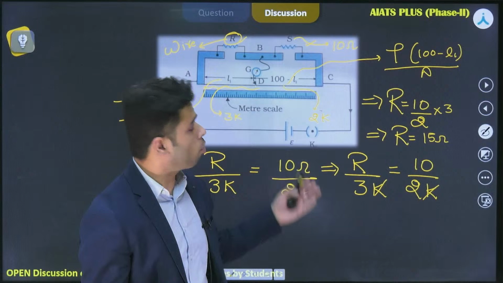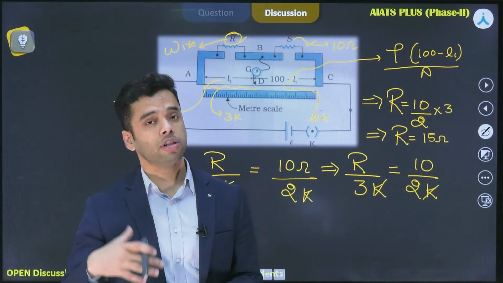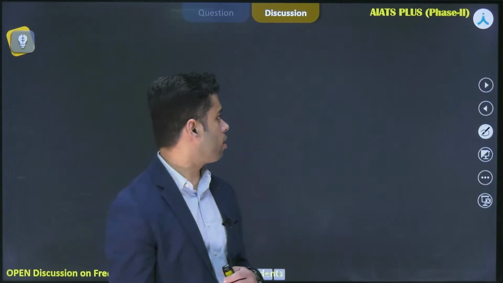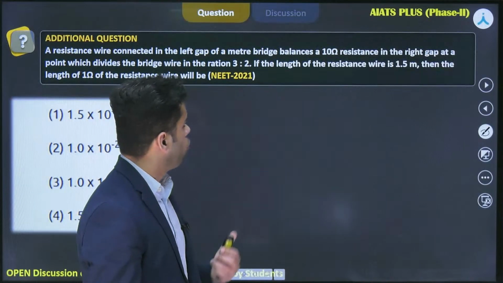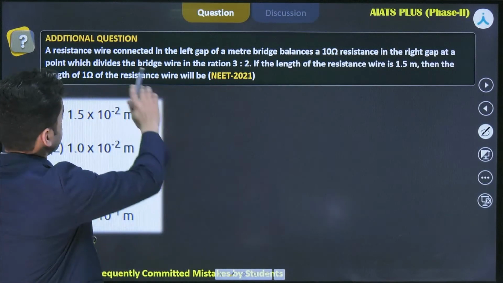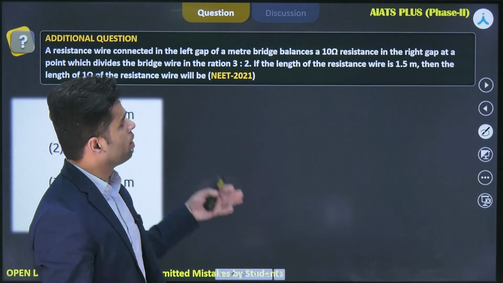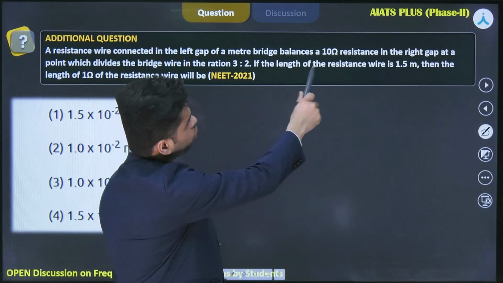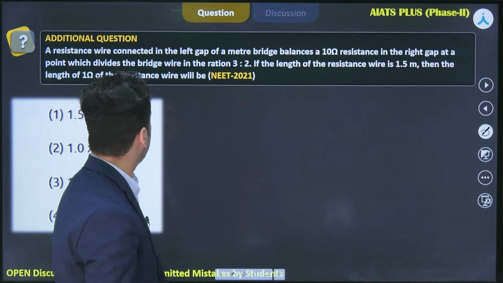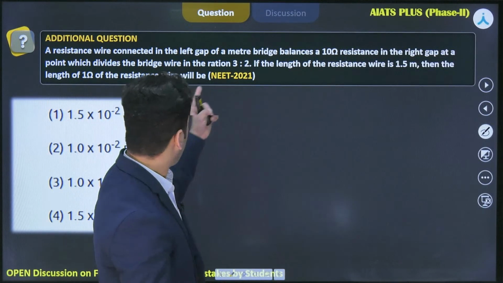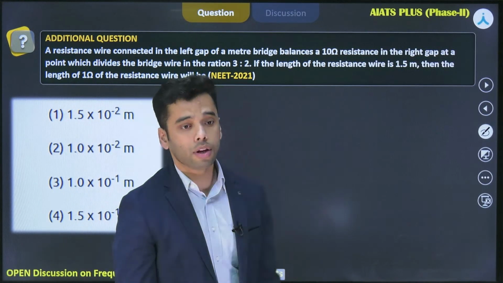Now based upon this concept and the concept of meter bridge that we just discussed, there was a problem asked in the actual NEET examination which looks like this. It says that a resistance wire connected in the left gap of a meter bridge balances a 10 ohm resistance in the right gap at a point which divides the wire in the ratio 3:2, right?